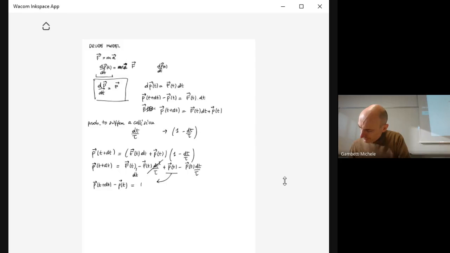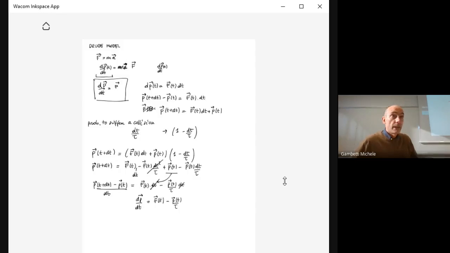On the other side, we have f times dt minus p divided by relaxation time times dt. So at this point, if we divide by this small interval of time dt, we have this new equation.